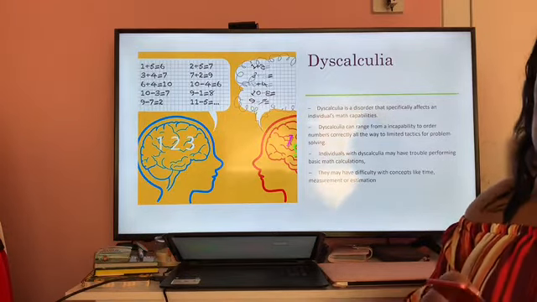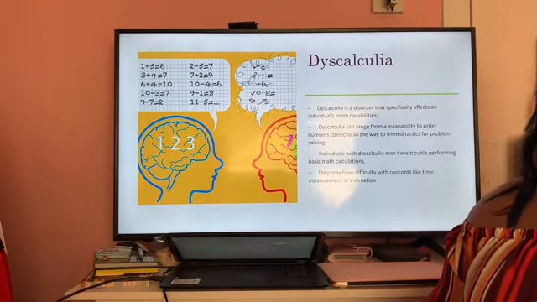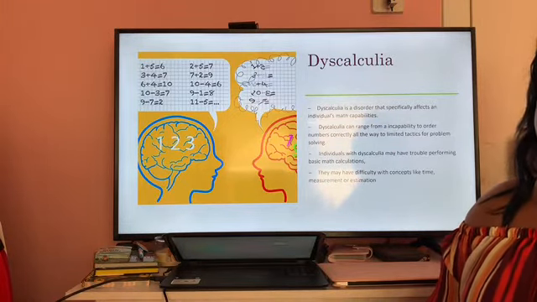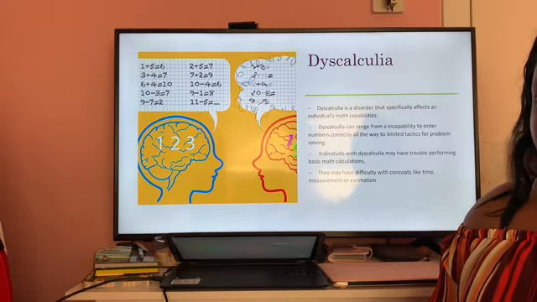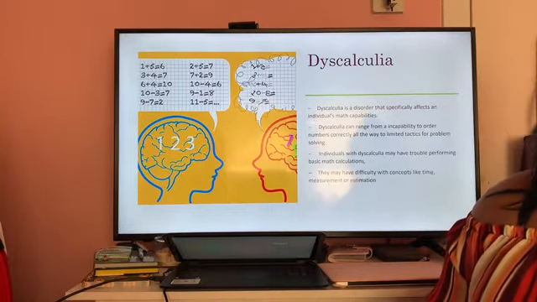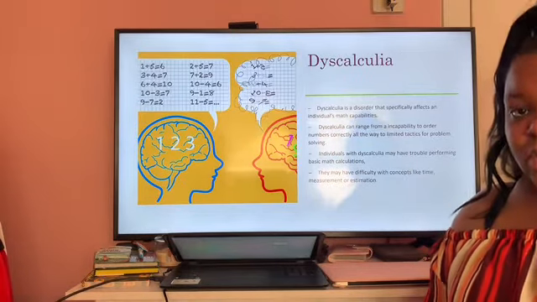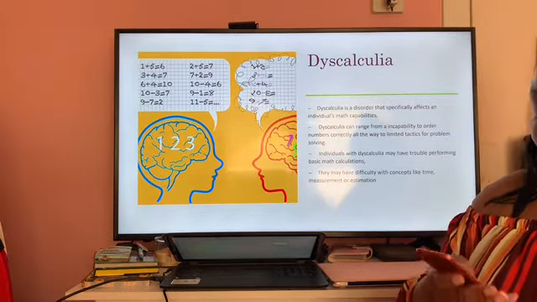Also, people with dyscalculia have an issue with ranges of numbers, not really understanding the difference between one cup or half a cup, or stuff like that.